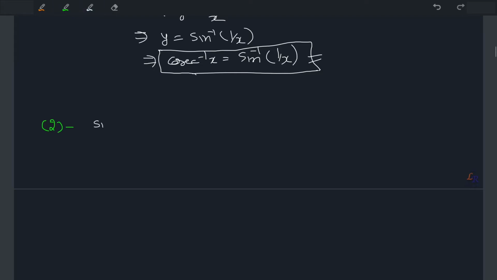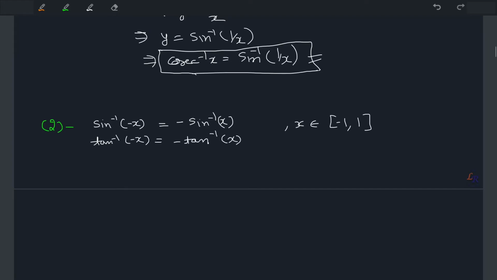So let's say you have sine inverse minus x, then you can write it as minus sine inverse x, where it is defined for x between minus 1 and 1. Similarly, tan inverse minus x is equal to minus tan inverse x.